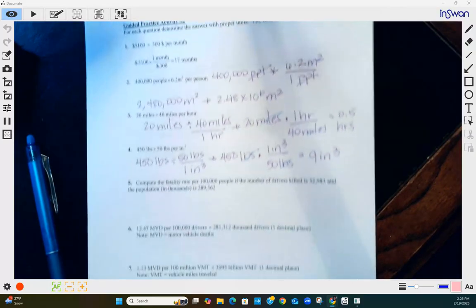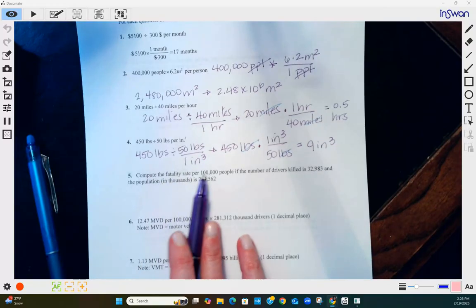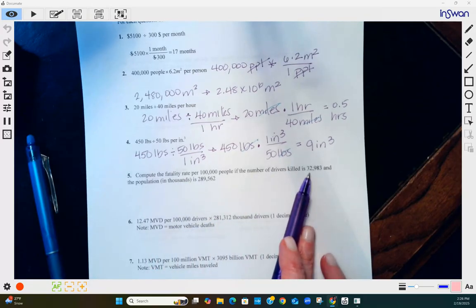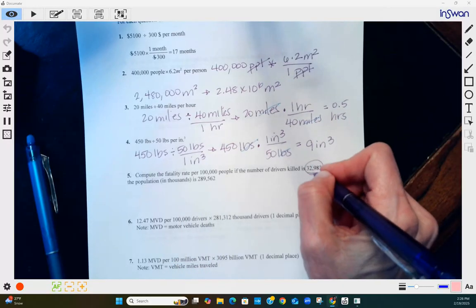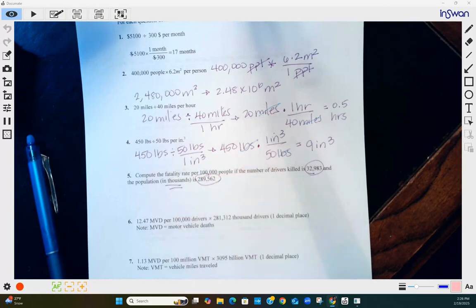Okay, we're going to compute a fatality rate per 100,000 people. So the fatality rate would be the number killed divided by the population. So we're going to use this number, and this is population in thousands. That's important.